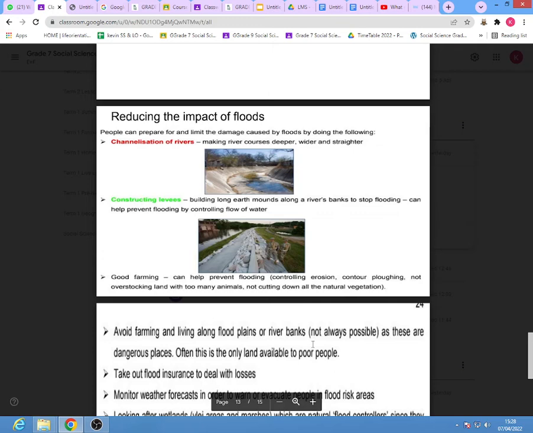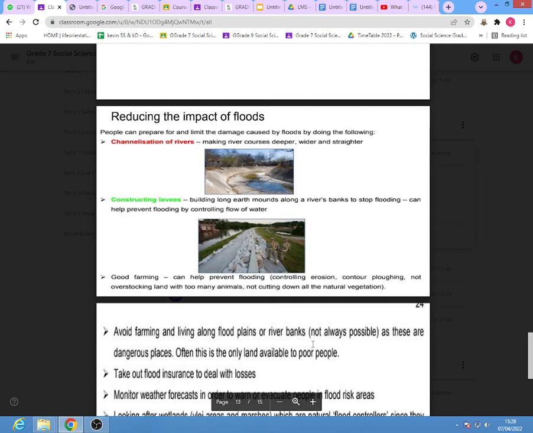People can prepare for and limit the damage caused by floods by doing the following. First of all, there's channelization of rivers, so making the river courses deeper, wider, and straighter. The reason why we do that is because we want to prevent overflooding of the rivers. Another way is to construct levees.